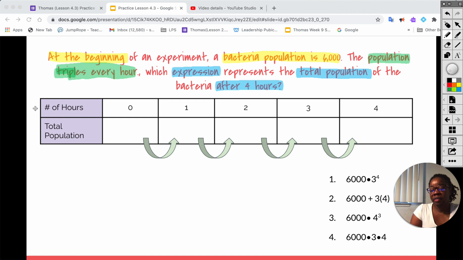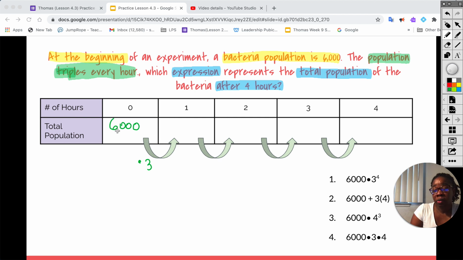So as you have seen, I've modeled. The table is just a really, really good tool to use. In the top row of my table, I'll have number of hours and then the total population of the bacteria. As stated, we start out with 6,000, and that triples, which means we're multiplying by 3.